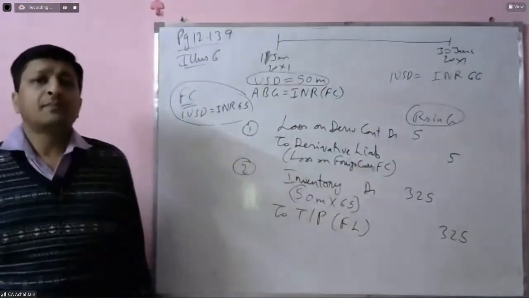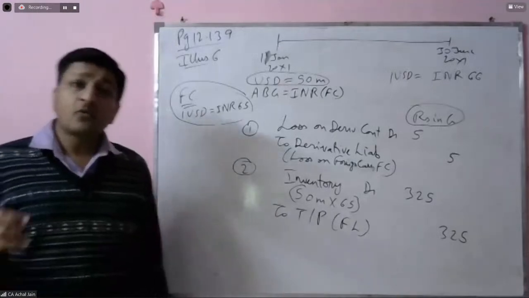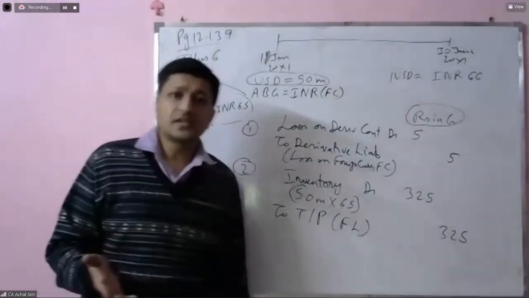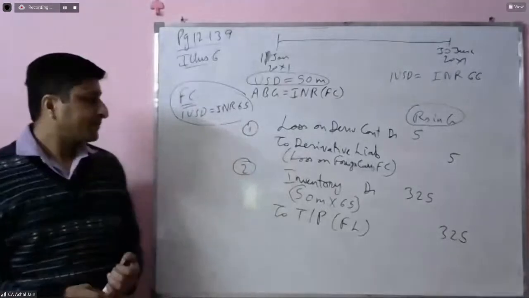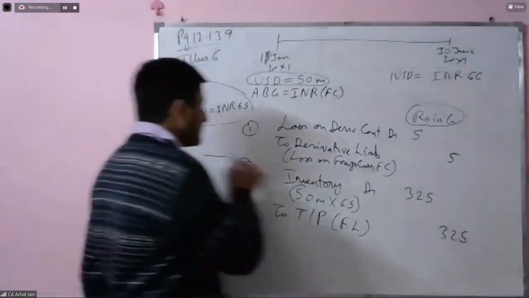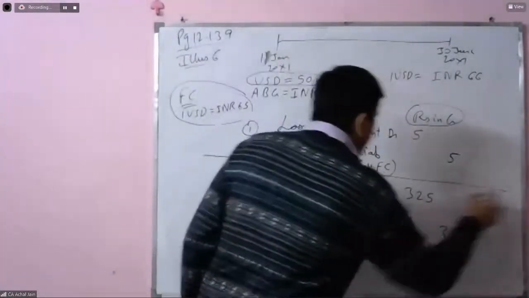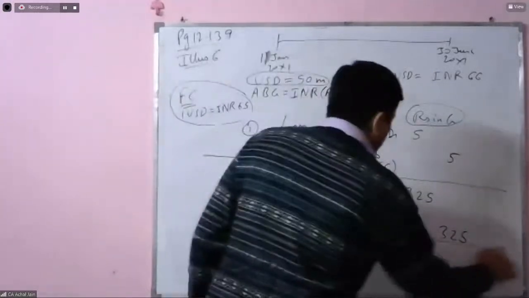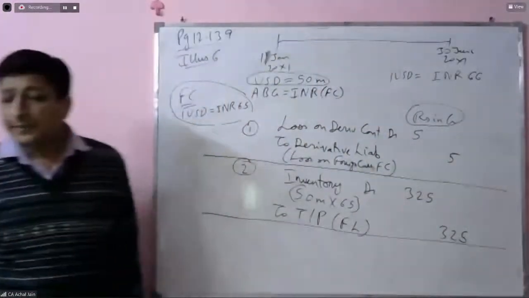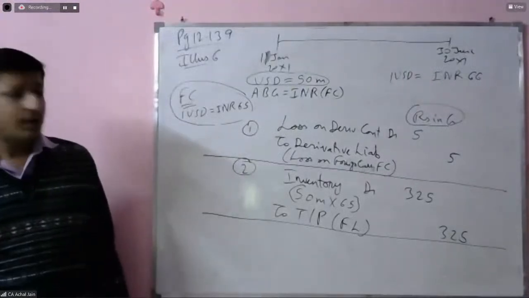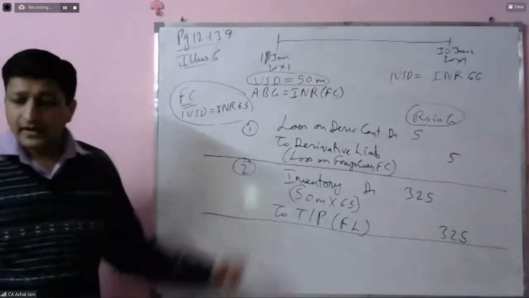Now when he will be required to pay USD, at what amount will he pay? He will pay at this amount, correct?